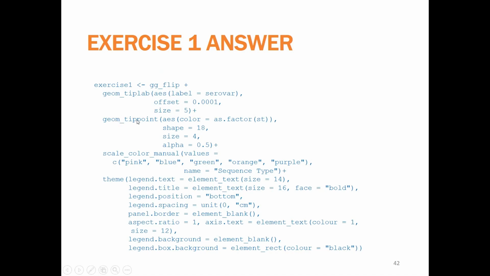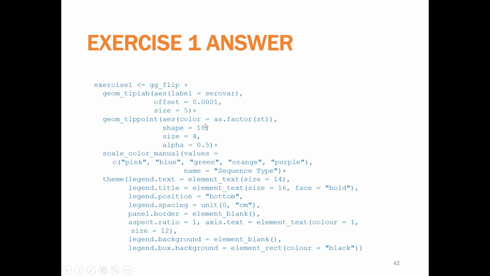For geom_tippoint, I used the aesthetic and set the color to sequence type. As I was mentioning, sequence type is a continuous variable, so without running as.factor, it might not work. Sometimes you have to do that when you have continuous variables for it to read it more as discrete categories.